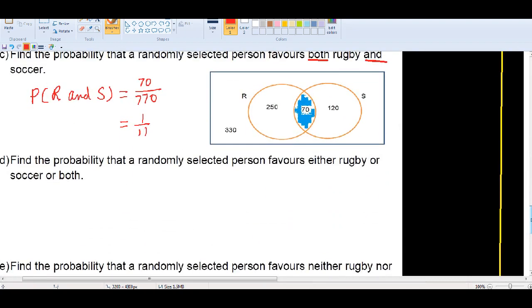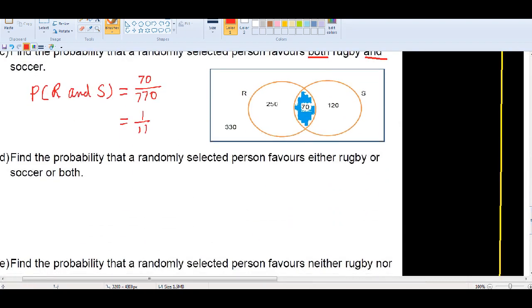Find the probability that a randomly selected person favors either rugby or soccer or both. So that means you are considering people who either love rugby or soccer or both sports.